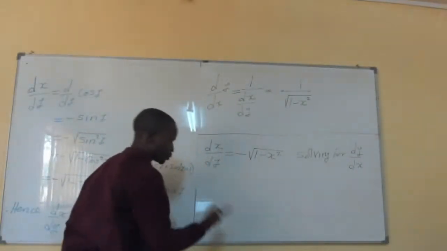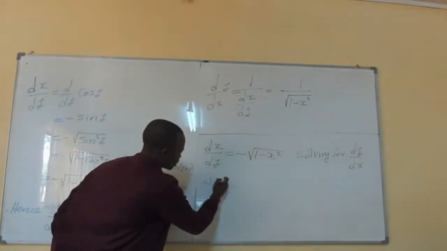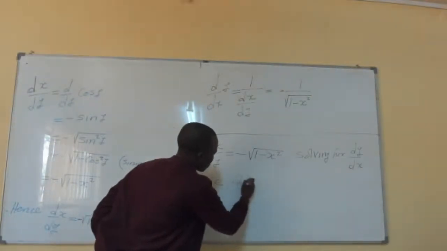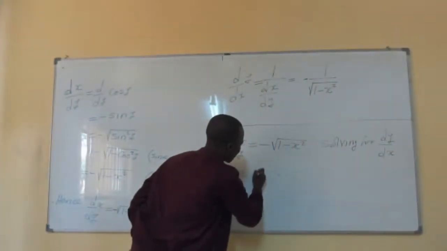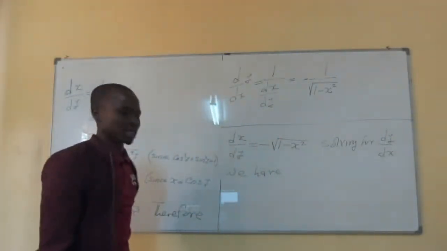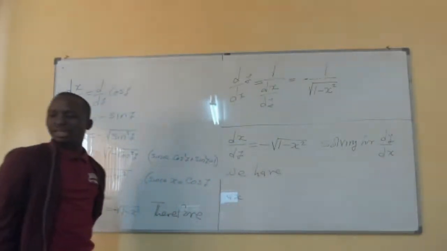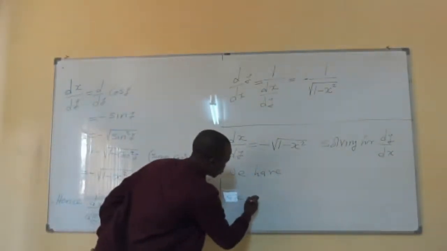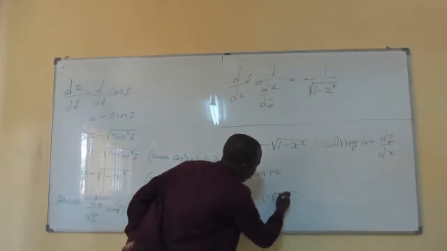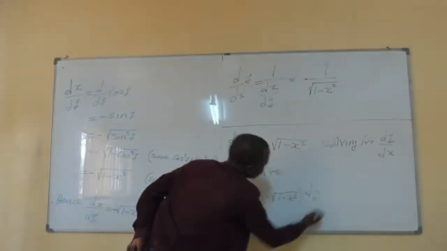If you do the cross multiplication that you usually do, solving for dy/dx, this means the x, I hope everyone is following, is equal to, we put it in brackets, the negative square root of 1 minus x squared dy.